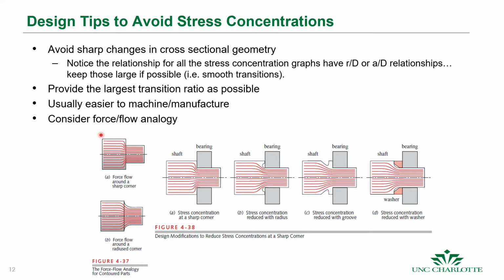For example, this here, where we have a step change in shaft diameter, is totally undesirable because we have this sharp corner here, and we have these huge stress concentrations, and people will often see cracks, and cracks will start and propagate at these locations.